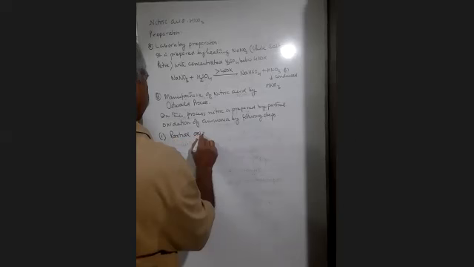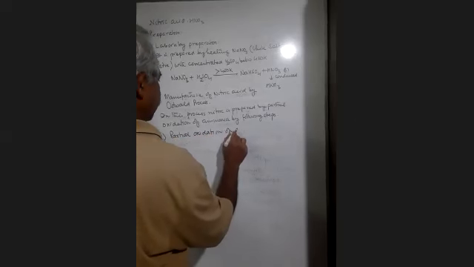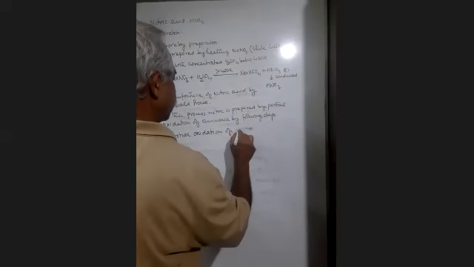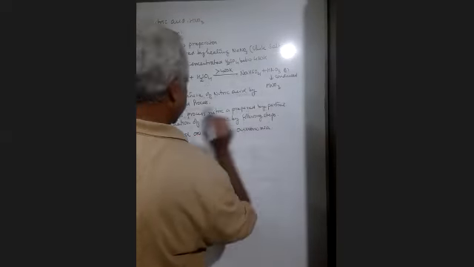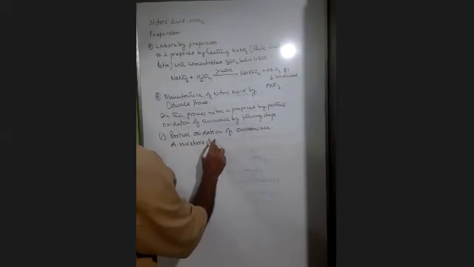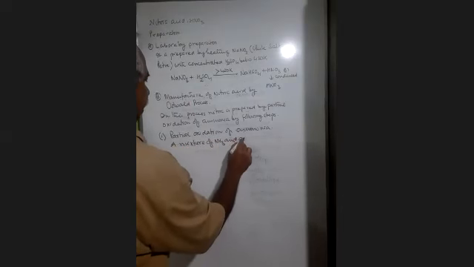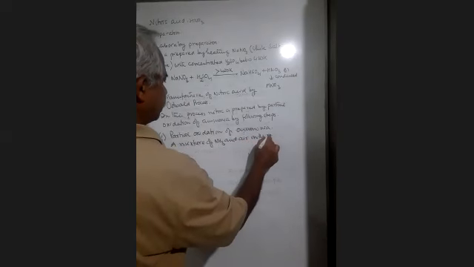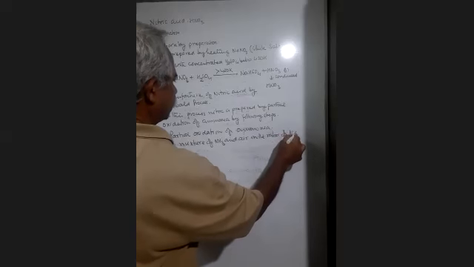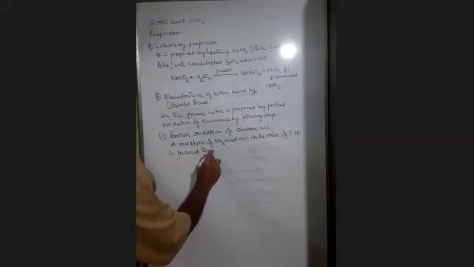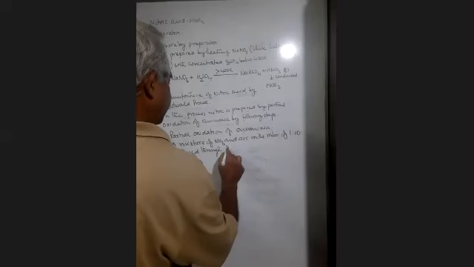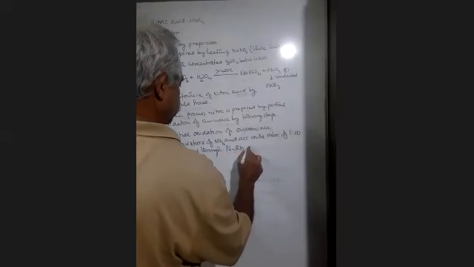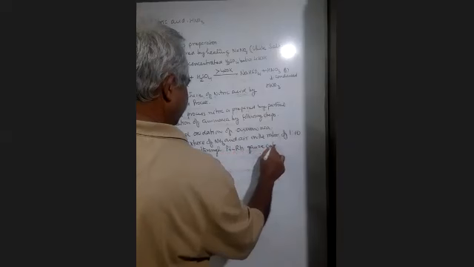Partial oxidation of ammonia. A mixture of ammonia and air in the ratio of 1:10 is passed through platinum rhodium gauze catalyst.